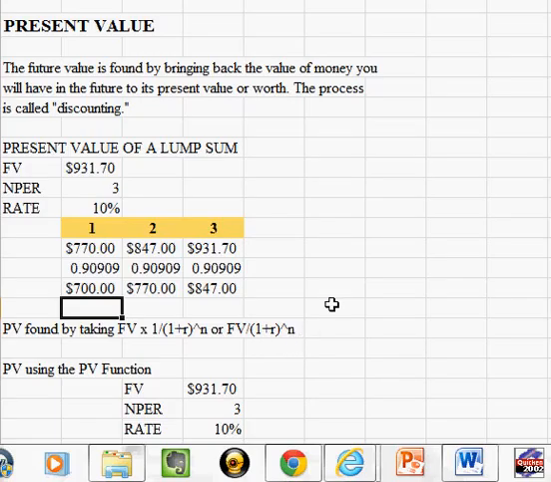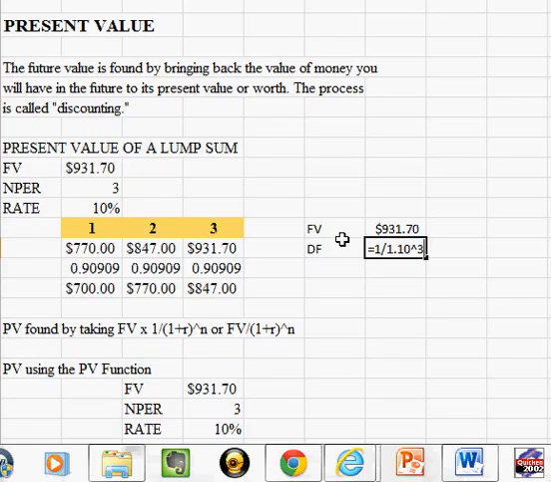So if my future value is $931.70, then I can find my discount factor, and it would be equal to 1 divided by 1.10, 1 plus the interest rate, raised to the power of 3 years.